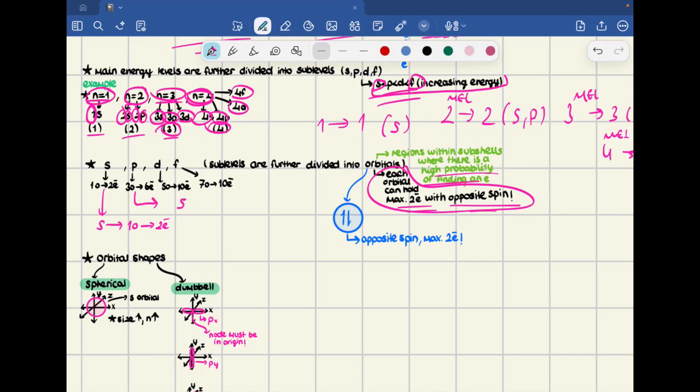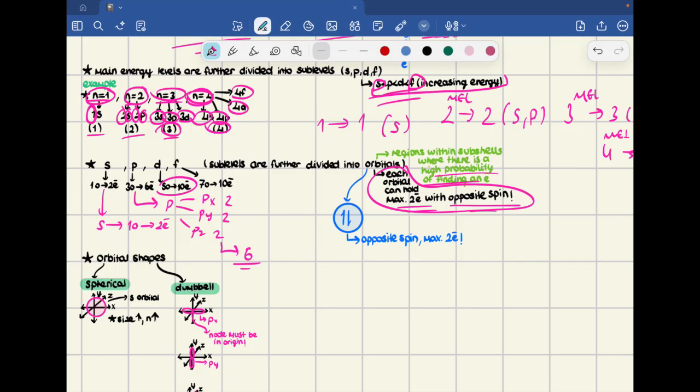P is divided into 3 orbitals, px, py, and pz. They can all hold 2 electrons, so when we add them up, the p sublevel holds a maximum of 6 electrons.